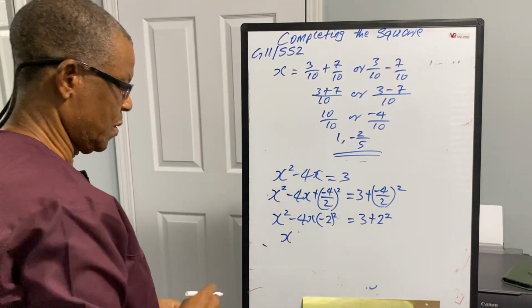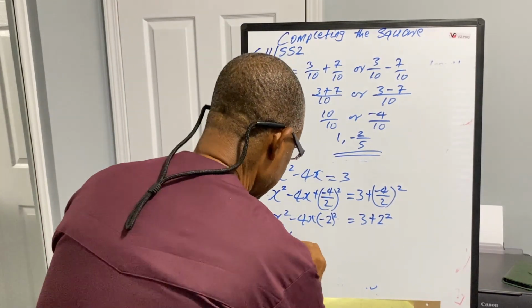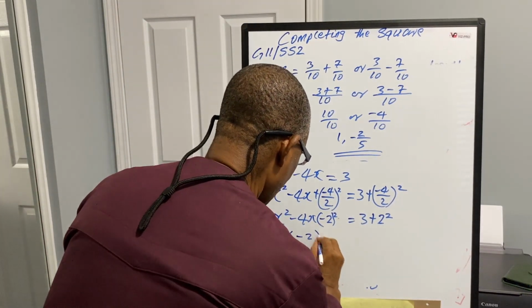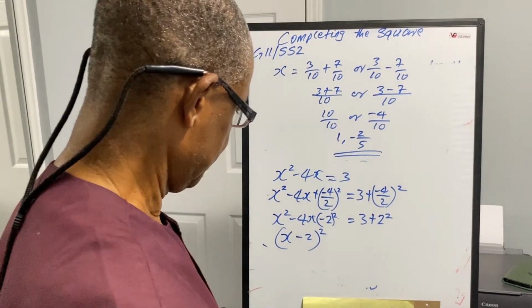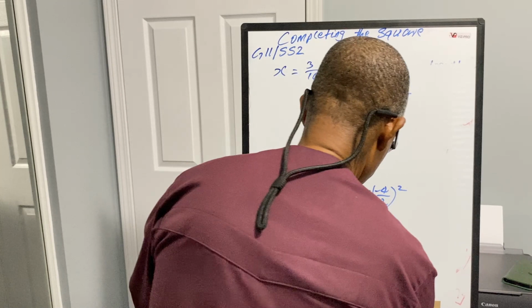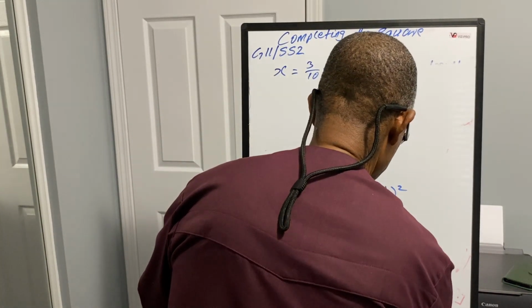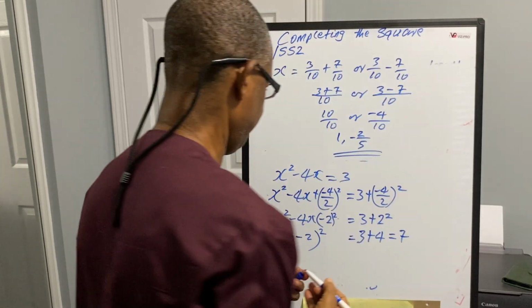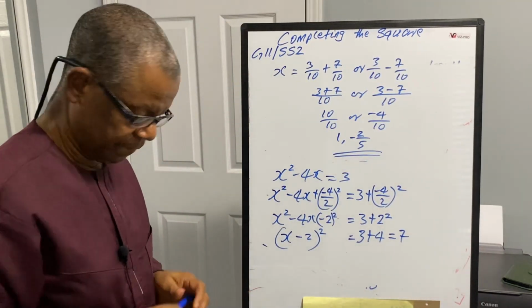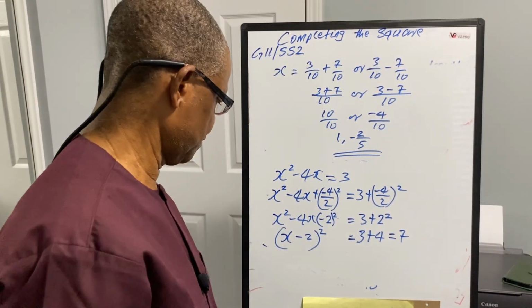So what we do is we pick this variable without a power and minus 2 all squared. And this will give us 3 plus 4, that will give us 7. So I hope you are following.